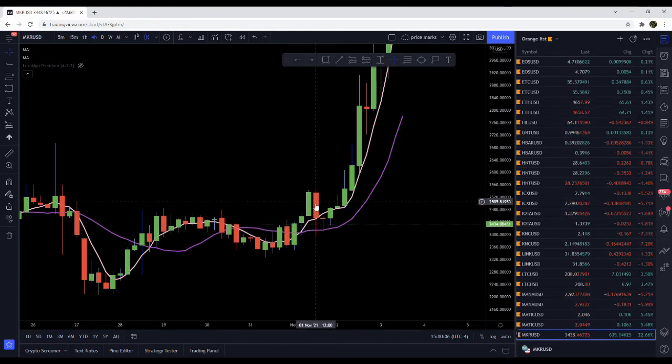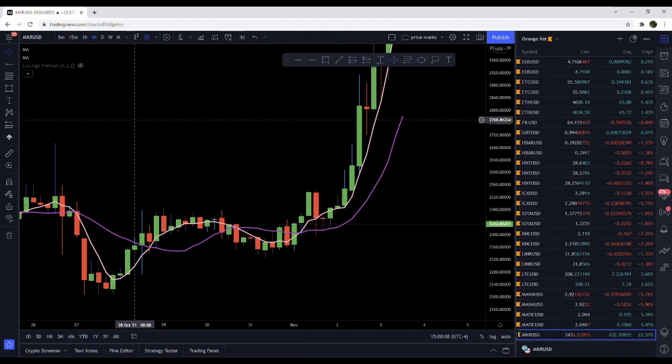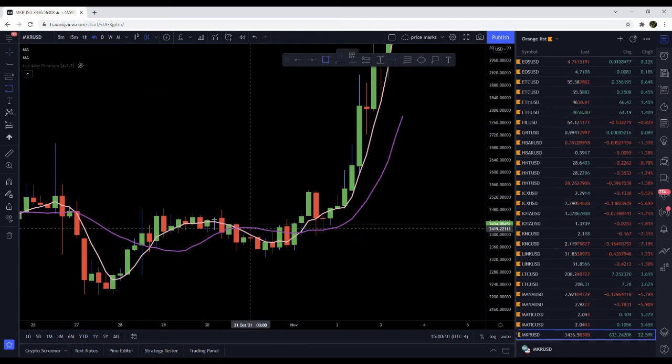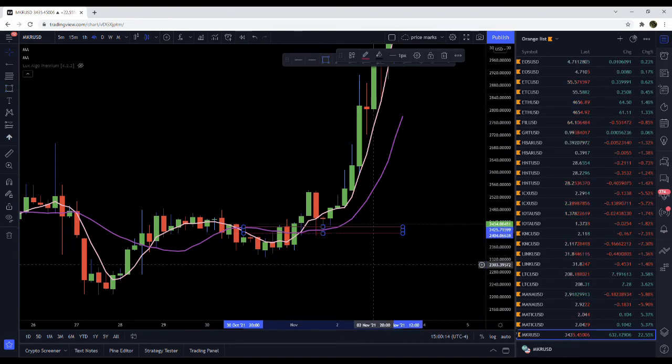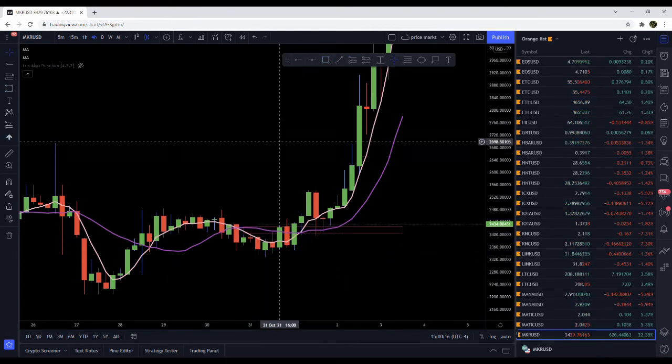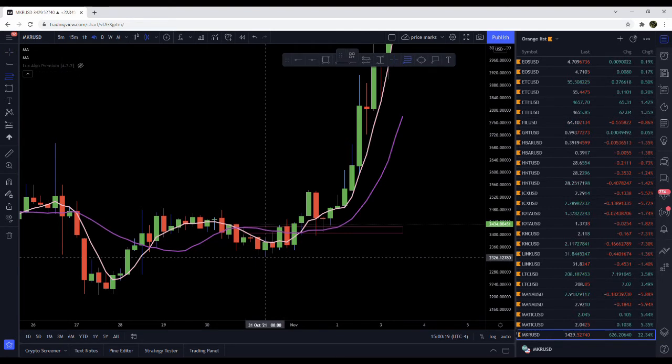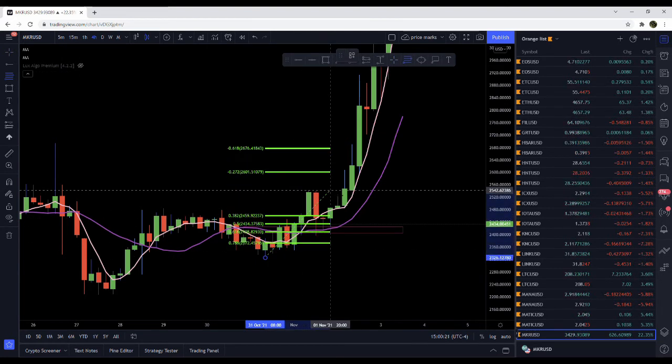We had the breakout, retest. Right down to the 618.